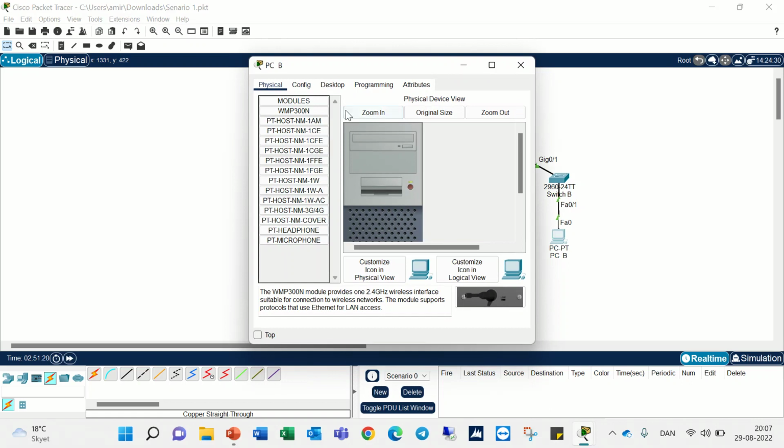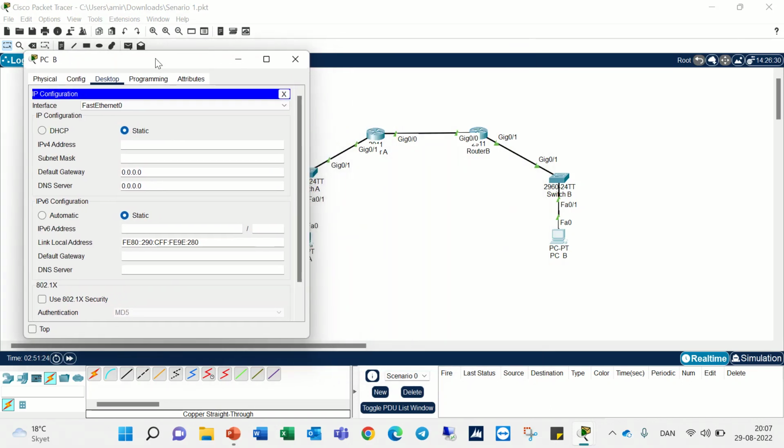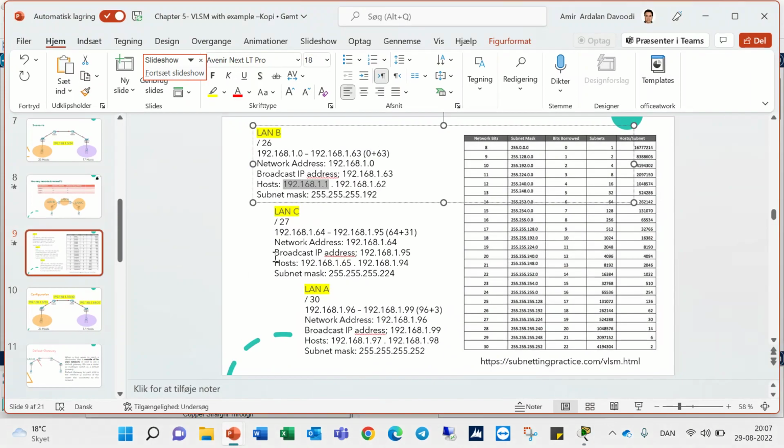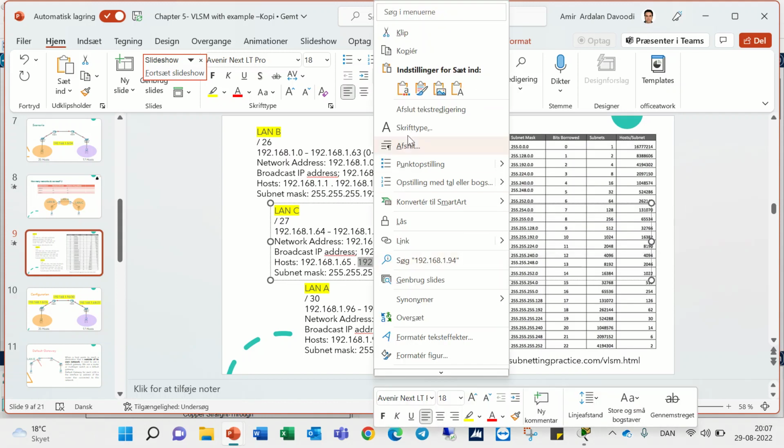What about PCB? PCB is in LAN C and IP address should be the last IP address.